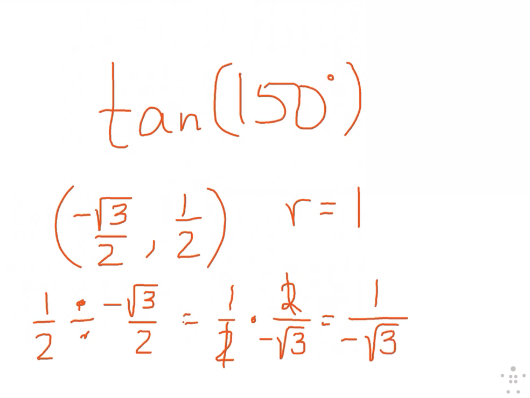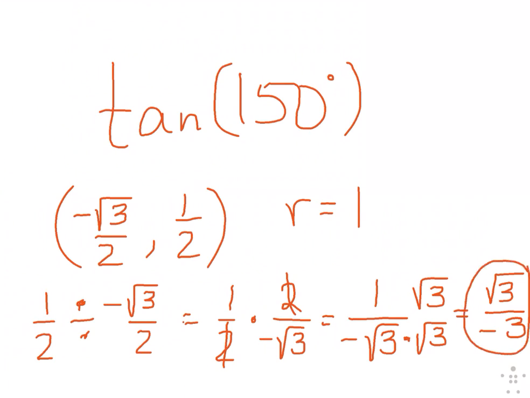Are you allowed to have root 3 in the bottom? No. So how do I get rid of it? Multiply it by itself, and what you do to the bottom, you have to do to the top. So 1 root 3 over negative 3, because root 3 times root 3 would be root 9, or 3. You have 2 of them that are like that on your test.